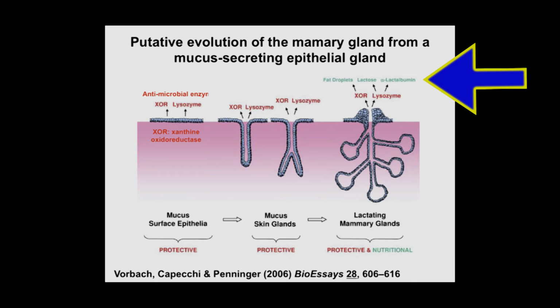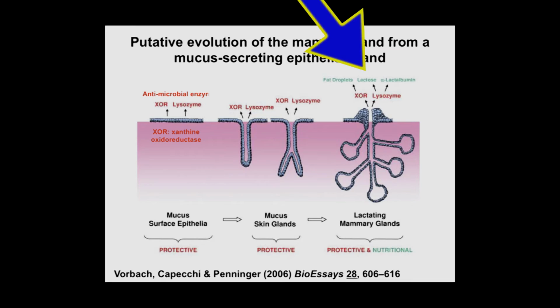And one of the copies evolved into the alpha-lactalbumin gene, and this encodes an important component of milk and is also involved in the manufacture of lactose, another important component of milk.